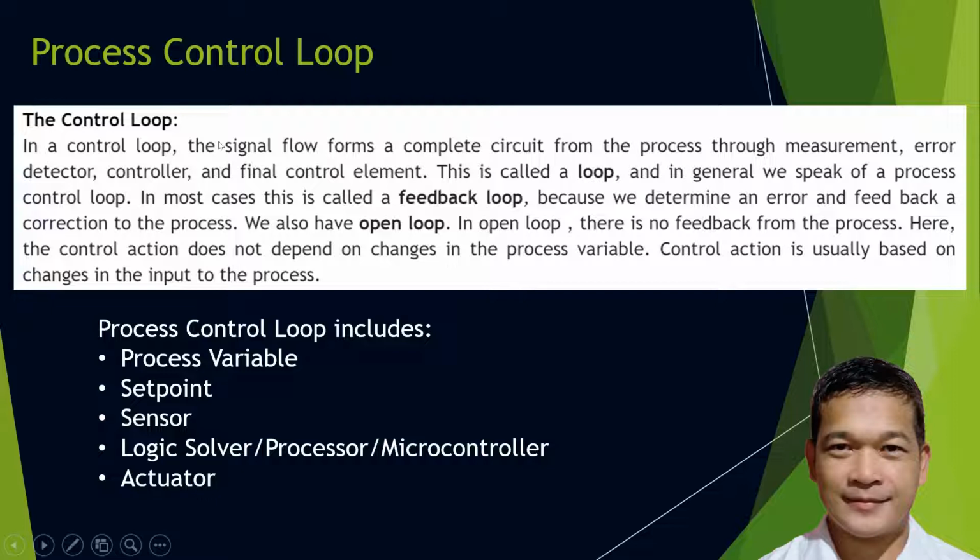In most cases, this is called the feedback loop. When we say feedback, there is a signal sent back to the input. If there is an error, or the set point is not met, then it will send back to the controller or to the processor.